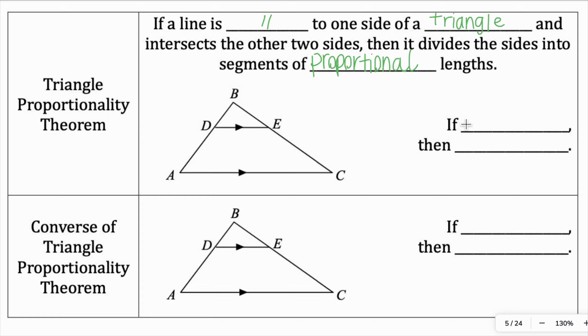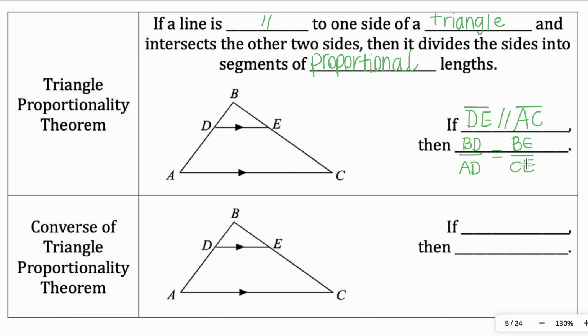So if DE here is parallel to AC, then we can set up a proportion showing that BD to AD is proportional to BE over CE.